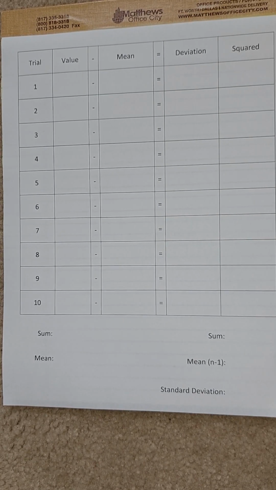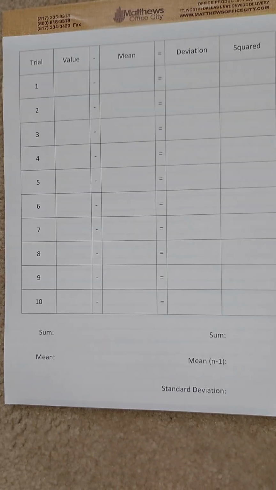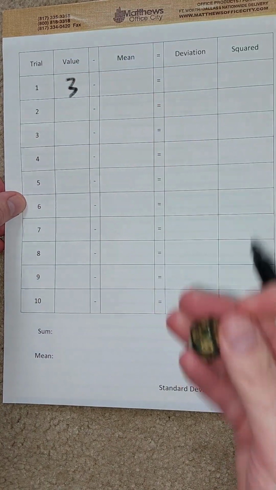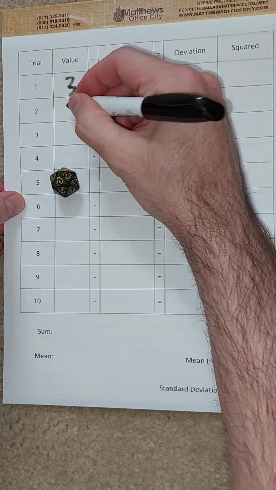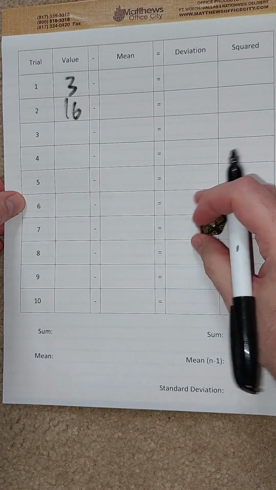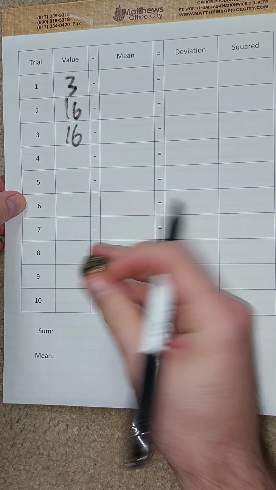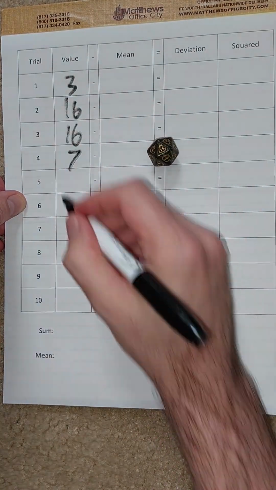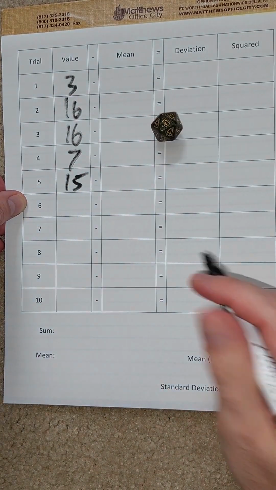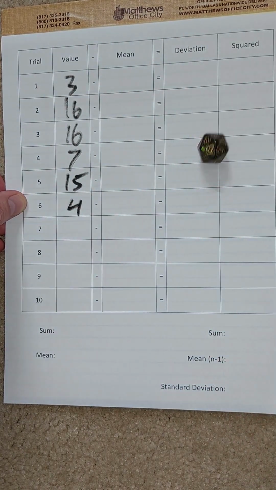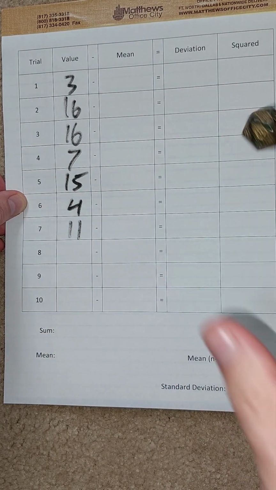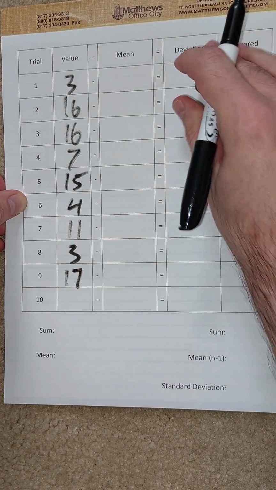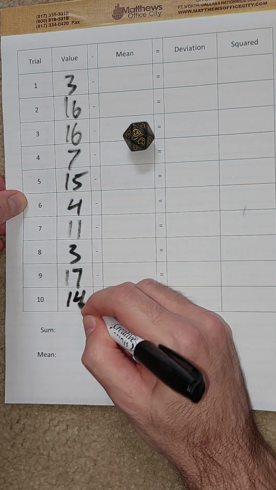In this video, we'll be calculating the standard deviation using a 20-sided die. So 3, 16, 16, 7, 15, 4, 11, 3, 17, and 14.